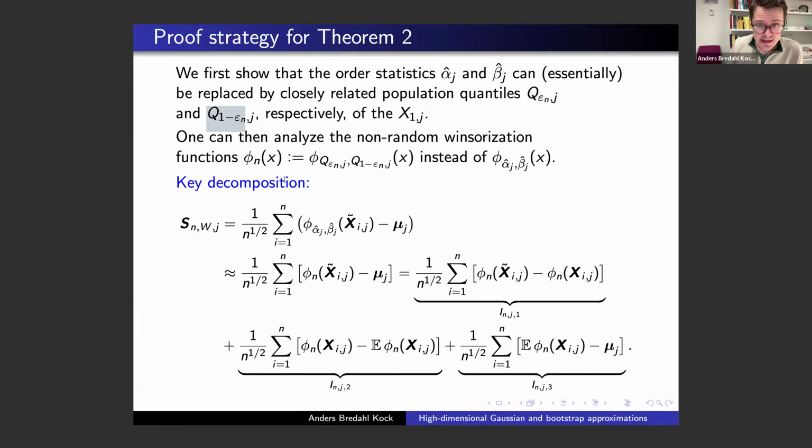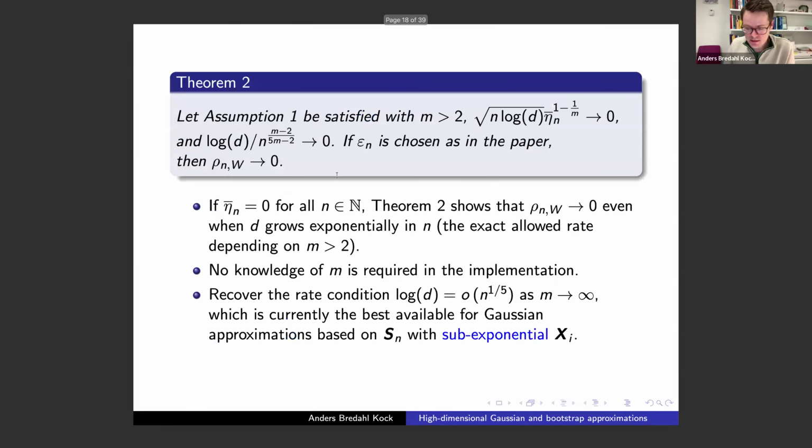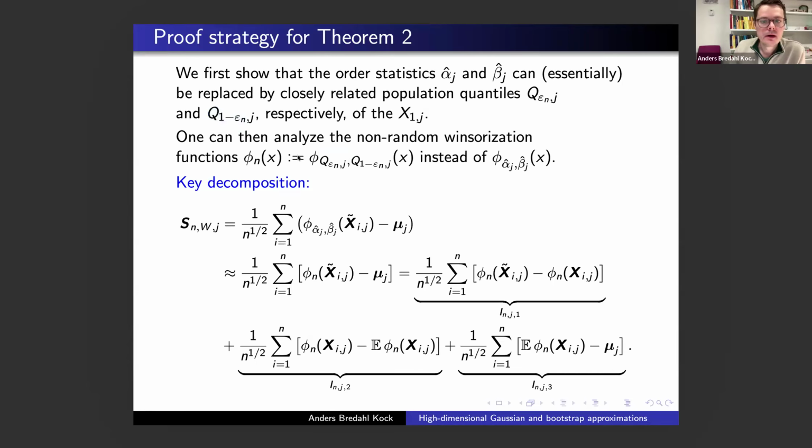This allows us to replace these random winsorization locations by these population quantiles instead.